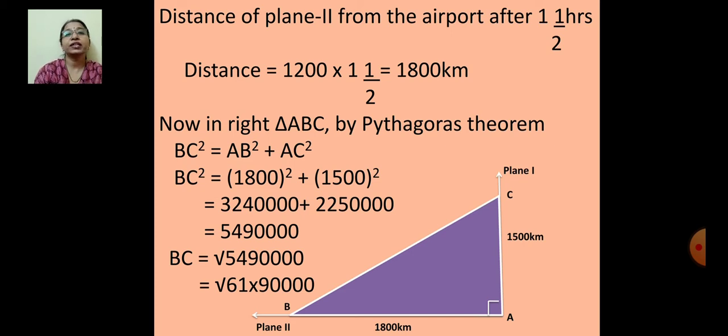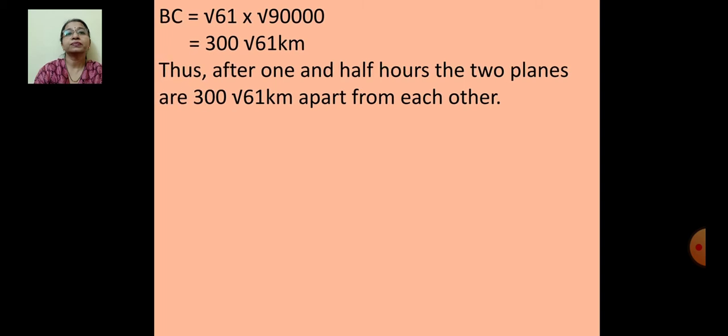So we have split in such a way that one factor is a perfect square. So let us take separate square roots, and the square root of 90,000 is 300 root 61 kilometer. So thus after 1.5 hours, the two planes are 300 into root 61 kilometer apart from each other.